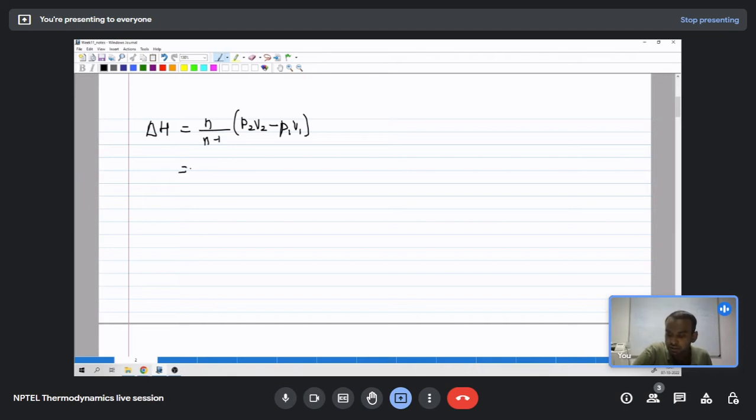Now we know that n is 1.3, divided by 1.3 minus 1, and the final pressure is 3.03 into 10 power 6 into final volume 0.05, minus initial pressure 0.5 megapascal, so 0.5 into 10 power 6 into initial volume 0.2 meter cube.